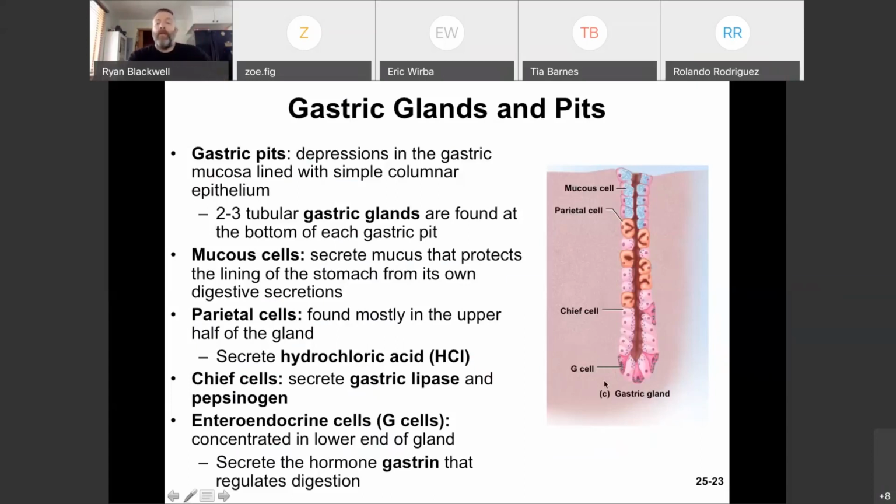Gastrin enters the bloodstream, travels throughout all the blood vessels of the stomach, and it directly activates parietal cells to make hydrochloric acid, and chief cells to make pepsinogen. So really what it comes down to is the biggest, strongest stimulus for stomach activity is the filling and stretching of the stomach.